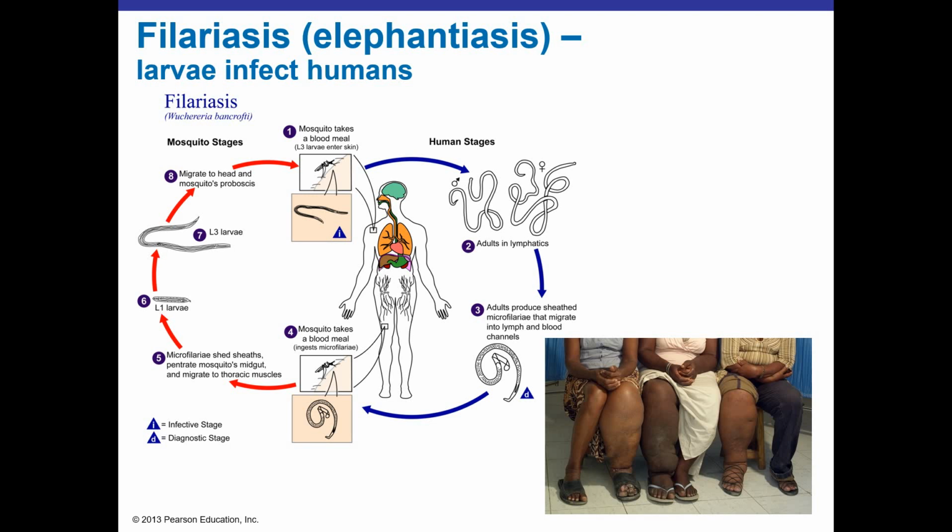The adults produce these microfilariae. They then end up blocking the lymphatics, and that's when you start to get this swelling as tissues do not drain. So again, this is an example of the larval form that is put into the human host as the mosquito takes its blood meal.